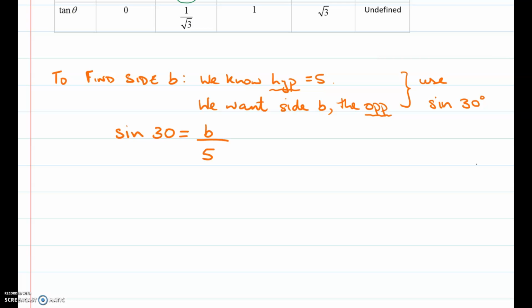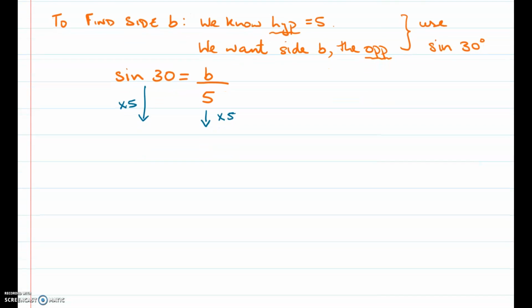Now, just like we did before, in an equation with a fraction in it, multiply both sides by the bottom of the fraction. That's 5, and we get 5 sine 30 is equal to b. The 5's cancel out. Again, we're not going to use a calculator here, so to look up sine 30, we can use the table.